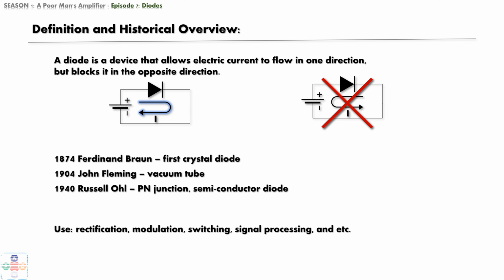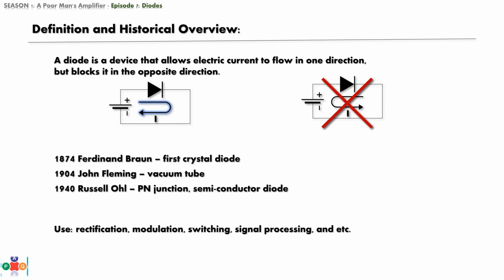Fleming used this device to convert alternating current to direct current, and to detect radio signals. Modern diodes started with the development of semiconductors in the 1930s, when scientists discovered that some materials, such as silicon or germanium, could form a junction between two regions with different types of impurities, p-type and n-type.